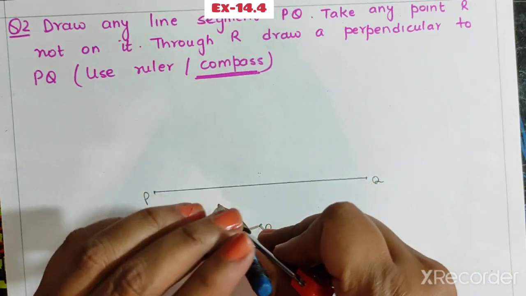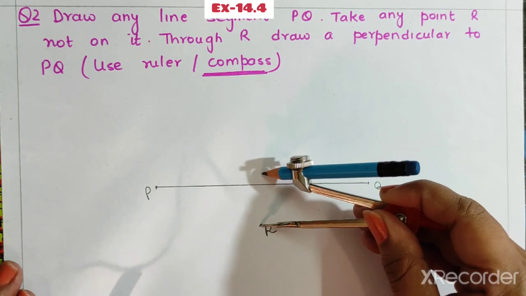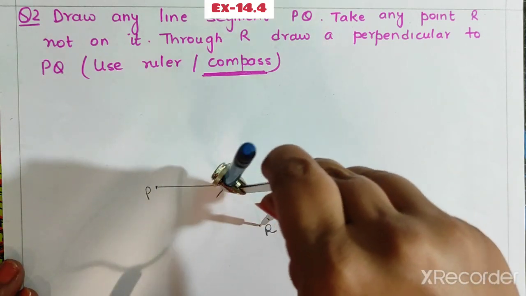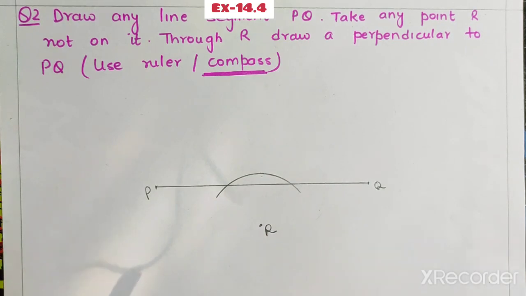This much should be the random length of your compass. After opening your compass, draw an arc which cuts the line segment PQ at 2 points.